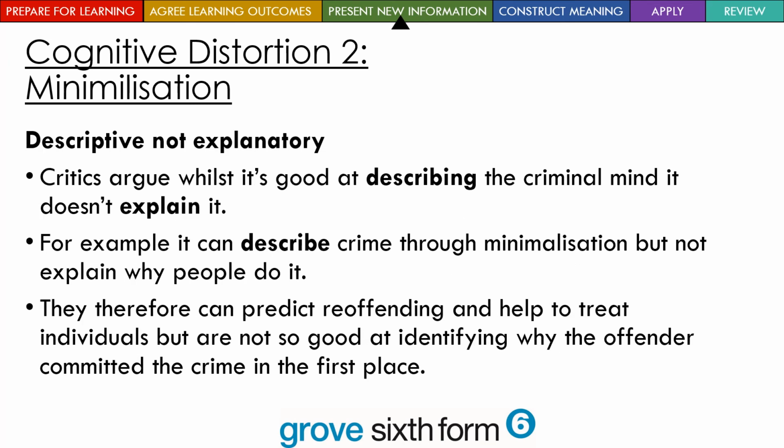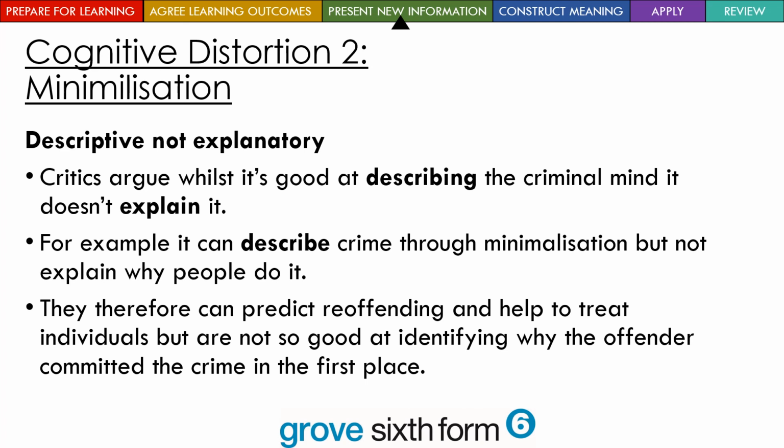Another issue with the minimalisation theory is that although it helps us be able to describe what's going on with the mental processes of criminals, it doesn't necessarily explain why it happens. Not everybody goes through these minimalisation processes, and therefore it doesn't necessarily help us fully understand why some individuals are more vulnerable to experiencing and processing information in this minimalistic way and some individuals aren't.